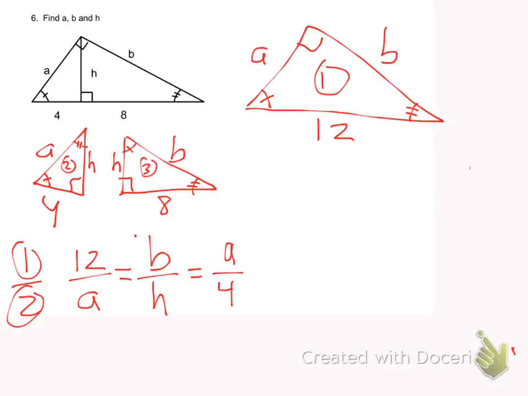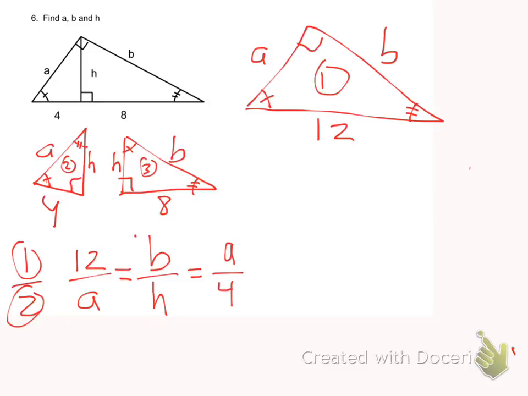Okay, Olivia? If you combine 12 over A and A over 4. Yes. Okay, we could set now any two of these three together, right? Look at the first one, which is 12 over A, and the last one, which is A over 4.